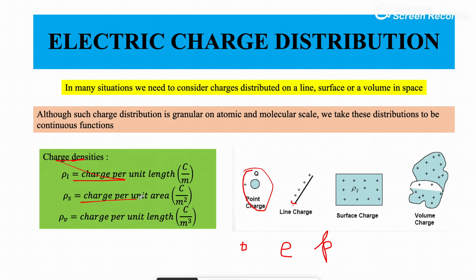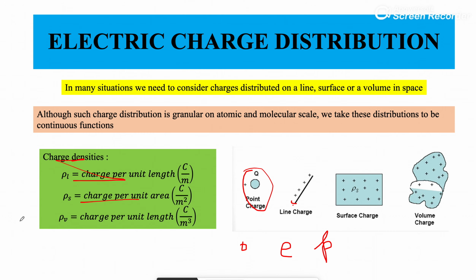Similarly, you might have charge distribution over a surface, just as in a p-n junction. In that case, you will be talking about charge per unit area, and you have surface charge density. It is denoted by the Greek rho with the subscript S. So you have surface charge distribution and its SI unit is coulombs per meter squared.